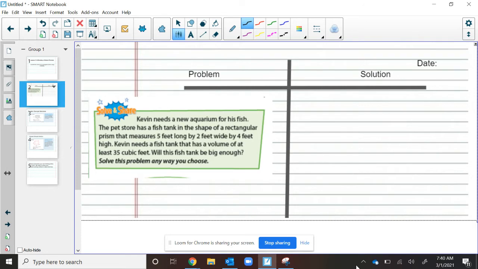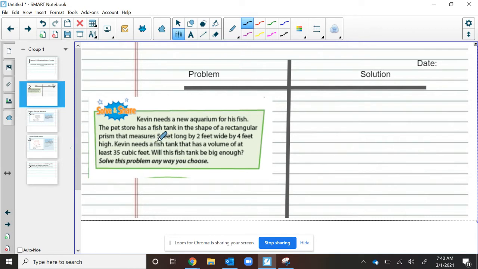Okay, so let's talk about a couple important things in this problem. I want you to think about what are the important things that we are going to need for this problem.